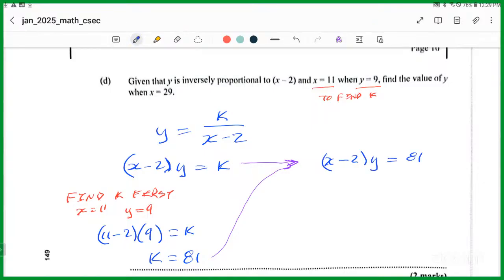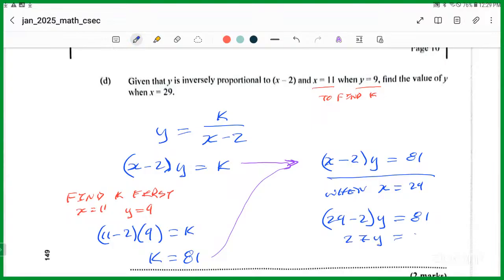That's a constant. Right? And here I want to know what the y value is when x equals 29. So let's take the 29 and plug it in here and solve for y. So using this, when x equals 29, you're going to have 29 minus 2 times y is equal to 81. 29 minus 2 is 27. 27 times y is equal to 81.